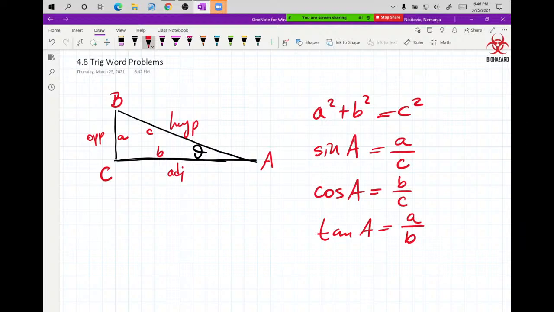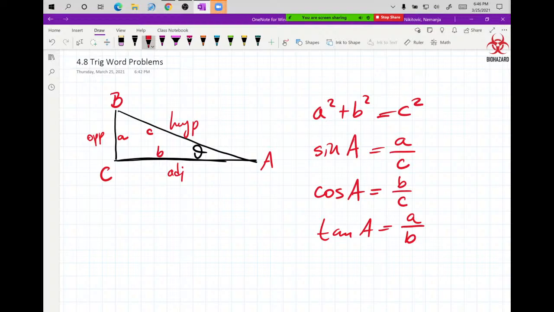We don't really use the other three to set up triangles and do word problems. I mean, we can, but really there is no need. So we can write them, but no one ever uses them. They are going to be insanely useful in calculus later on, with derivatives and all that kind of stuff.